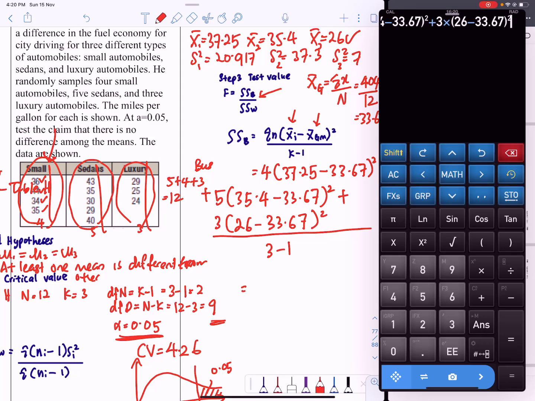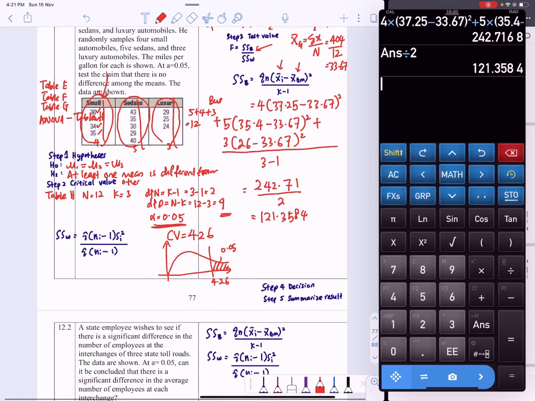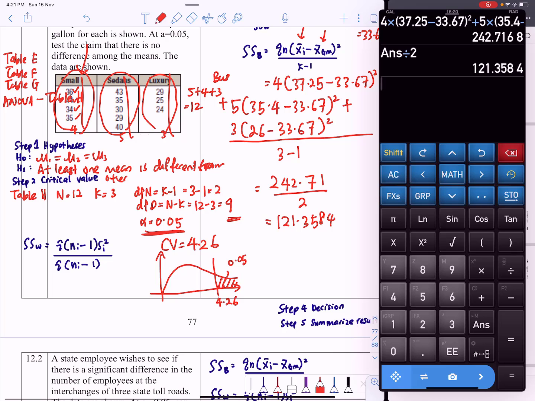Okay, finish, equals 242.71. Okay, 242.71 divide by 2. Okay, answer divide by 2. We have 121.3584.